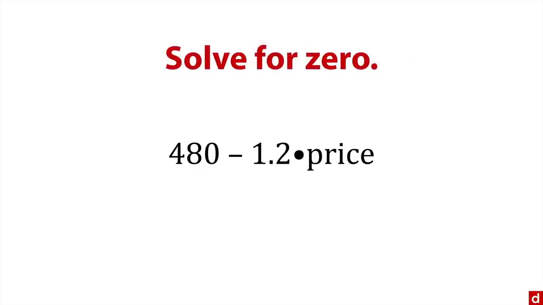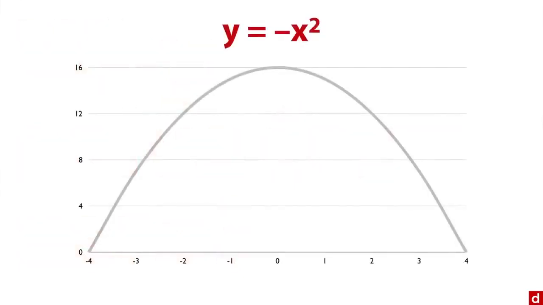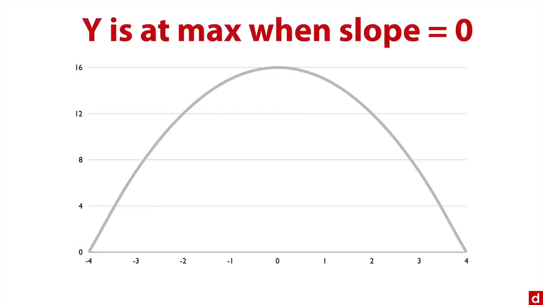And just in case you're wondering, why do we solve it for 0? Because that is going to give us the place when y is at a maximum. Now, we had a minus squared, so we have to invert the shape. And we're trying to look for this value right here when it's at the very tippy top of the curve, because that will indicate maximum revenue.